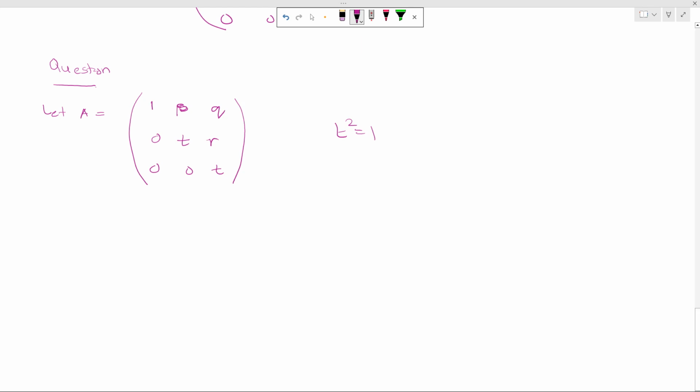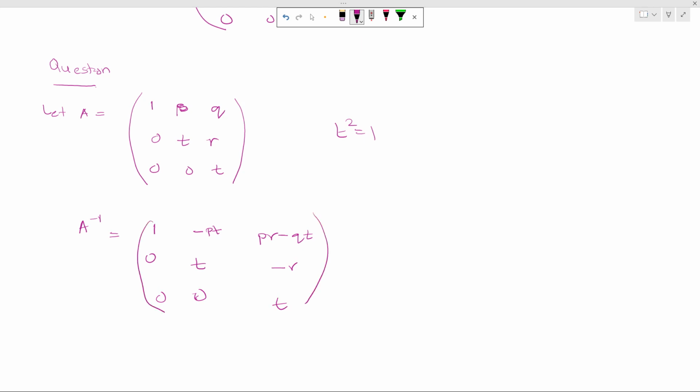Show that A inverse is equal to the matrix with rows 1, minus PT, PR minus QT; 0, T, minus R; 0, 0, T. So this is what we have to do.